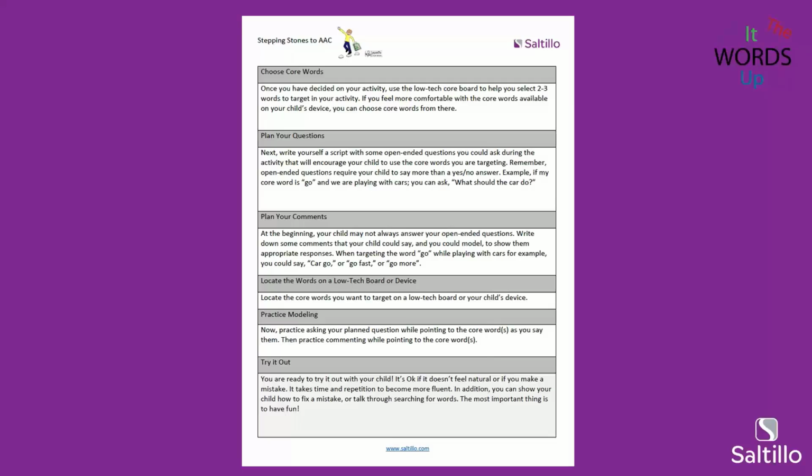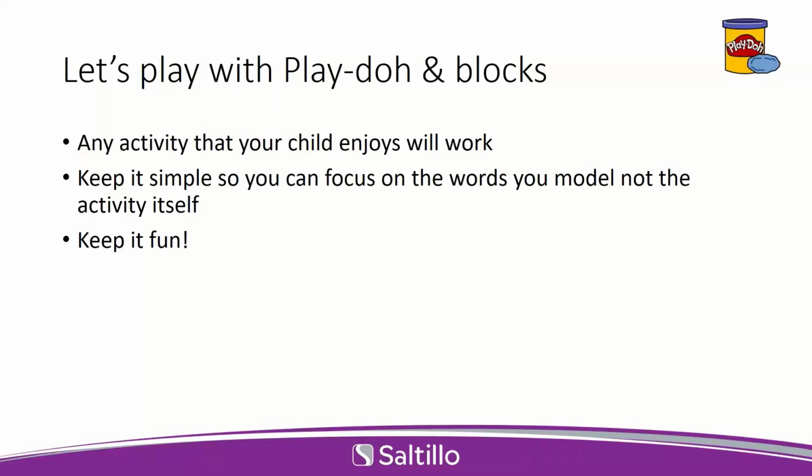You can also find the recording on our YouTube channel, but this is just a good reference tool to use after the training so that you can choose your core words, plan everything, and it walks you through the process, which again we'll be talking about. If you're like me and you go to a training and you need to refer back to what did they say, that's the premise behind that.